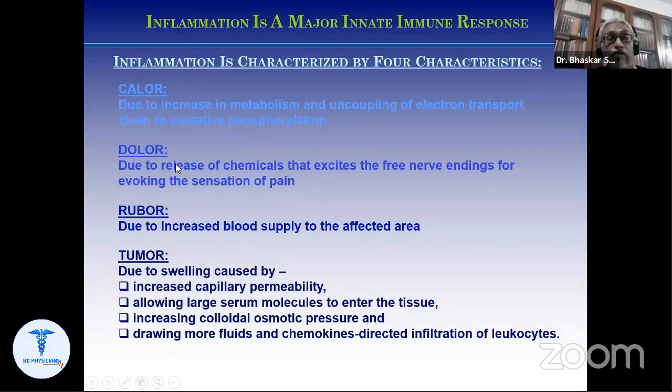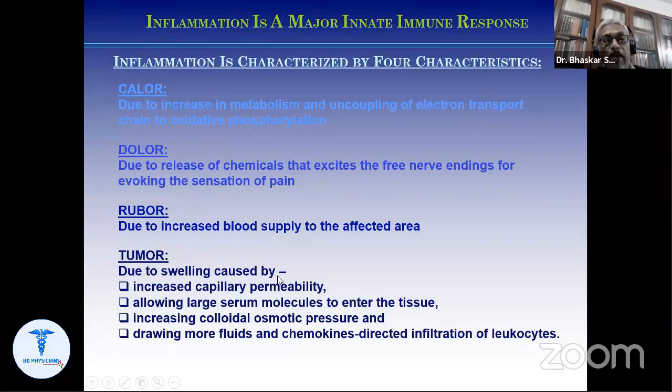And then dolor, which means pain. And that is because of release of different chemicals, for example, histamine, substance P, etc., that excite the free nerve endings for evoking the sensation of pain. And rubor, which is redness, due to increased blood supply to the affected area, the inflamed tissue becomes red. And then we will see that the inflamed tissue is always swollen. And that is why it is called tumor.